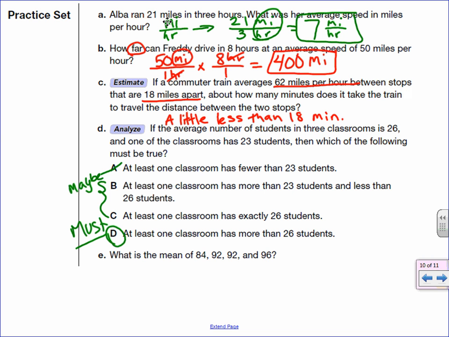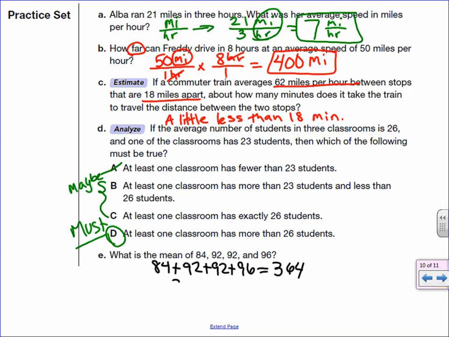All right, what is the mean of 84, 92, 92, and 96? So add the numbers up. 84 plus 92 plus 92 plus 96 is 364.